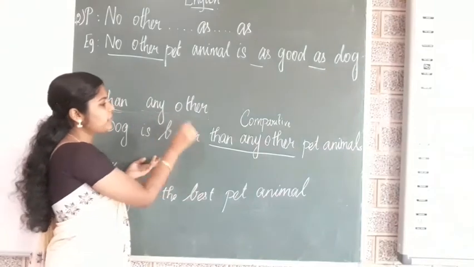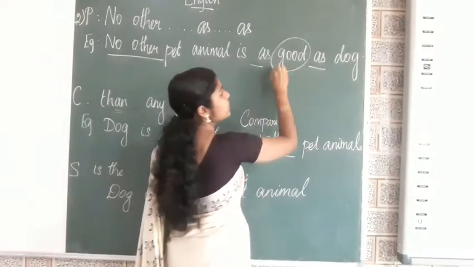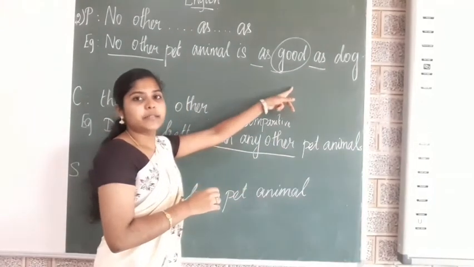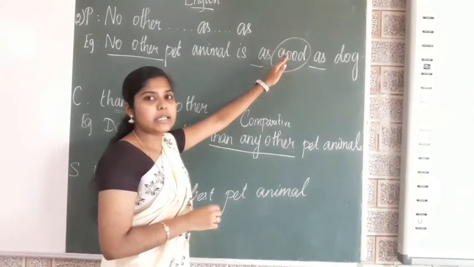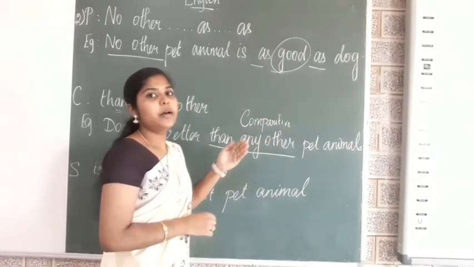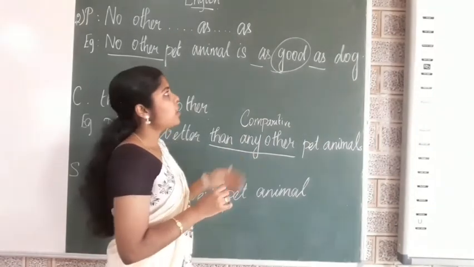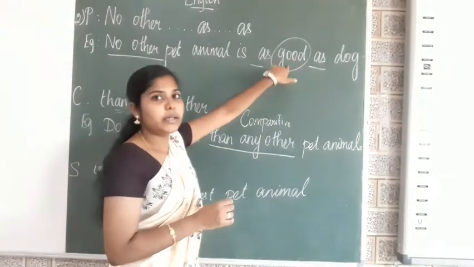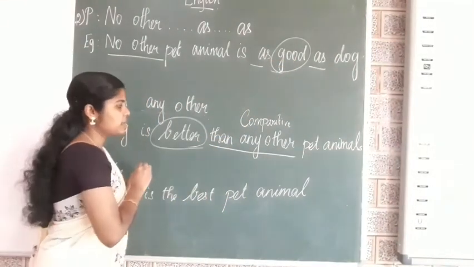Here the comparative form is than any other. The adjective here is good. Good is the adjective. In positive it is good. In comparative, good will change into better. In superlative, better will change into best. Good, better, best. Okay. So in positive, the adjective is good. In comparative, this changed into better.